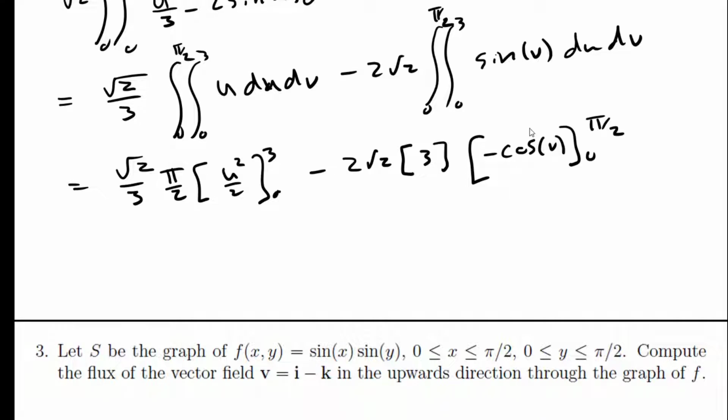These negatives cancel out, so that becomes a plus. So here, this becomes pi times 3 over root 2.